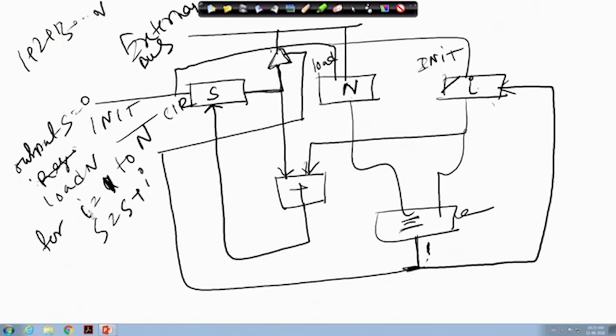So I will be changed from 1 to n, and in each case S will be added with the corresponding I. Initially I equals 1 and S equals 0, so 1 plus 0. Then again it will come back here, and in the next cycle I will be 2, so 1 plus 2, something like this it will do.